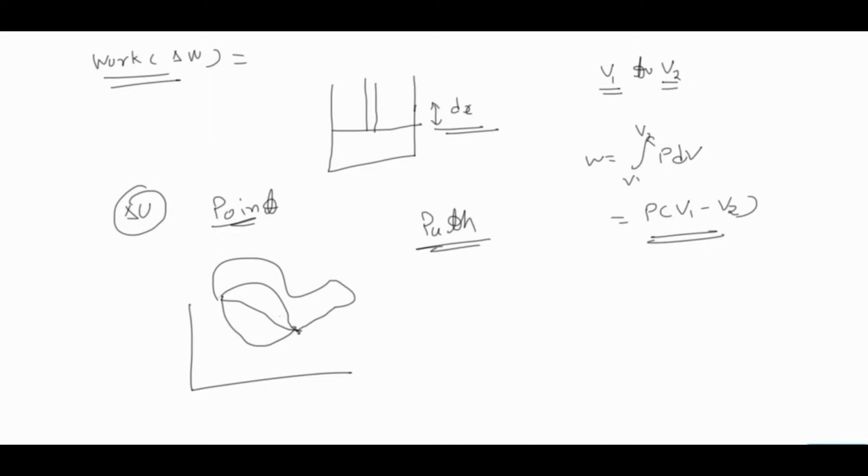Okay, let's discuss some important formulas for work done. If we have a PV diagram like this, with P on one axis, what will be the work done? Work done is the area under the curve. So this will become your work done.